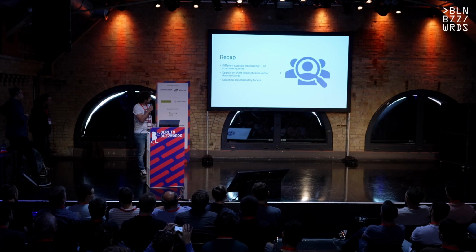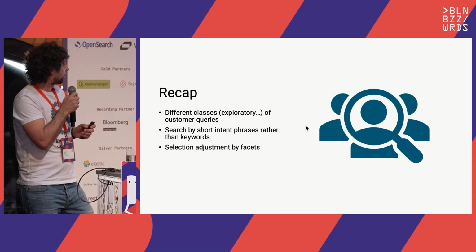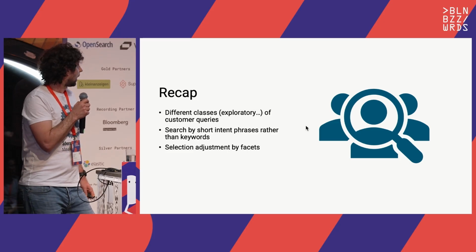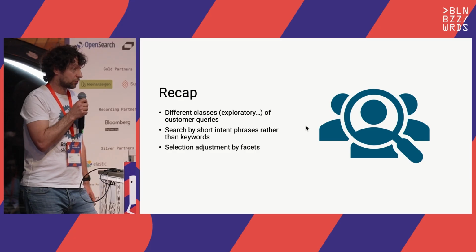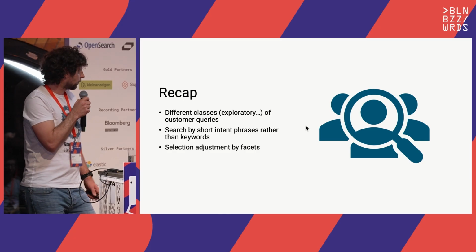Just before we go to the next slide, as a short recap, we have different classes explored in our search traffic, and we saw what kind of caching potential is in each class, and we tried to figure out where and what kind of intent is needed for each class.